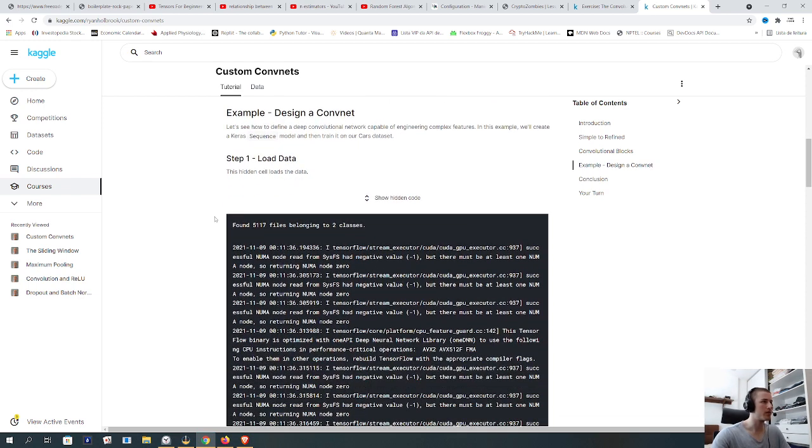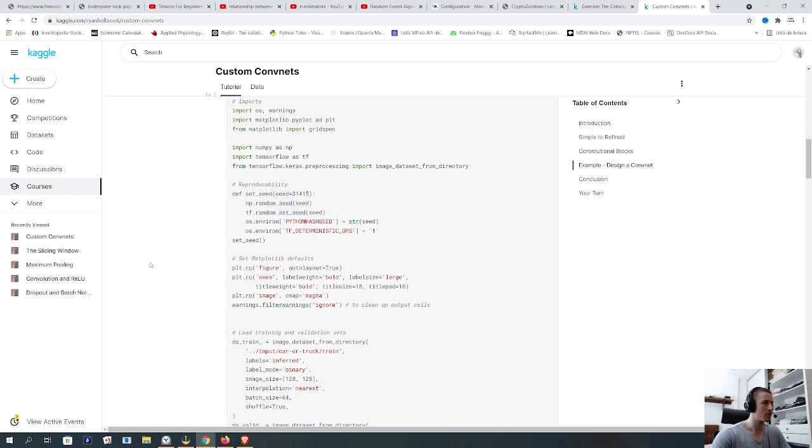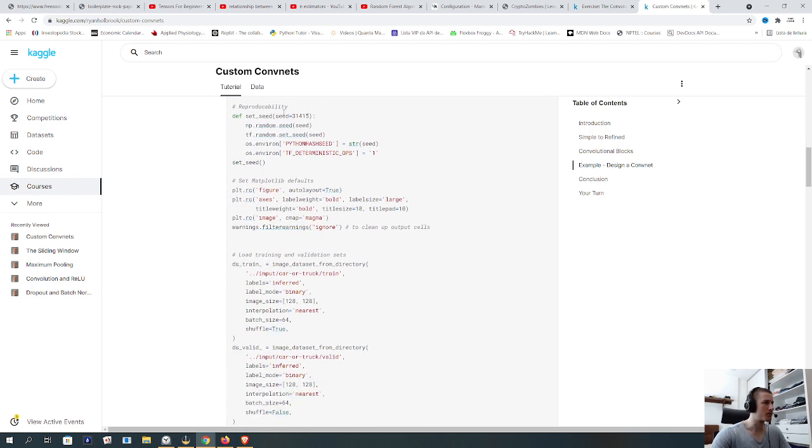Design a convnet. Let's see how to define a deep convolutional network capable of engineering complex features. This example will create a Keras Sequential model and then train it on our Cars dataset. So it imports everything. This part I still don't understand really well. I know it's randomizing the set for some purpose, but I'm not sure exactly how or where.